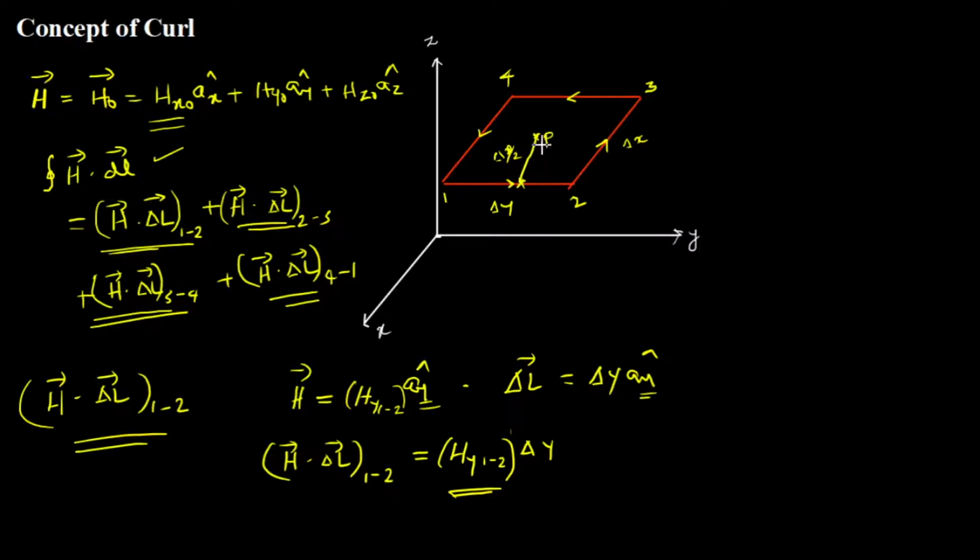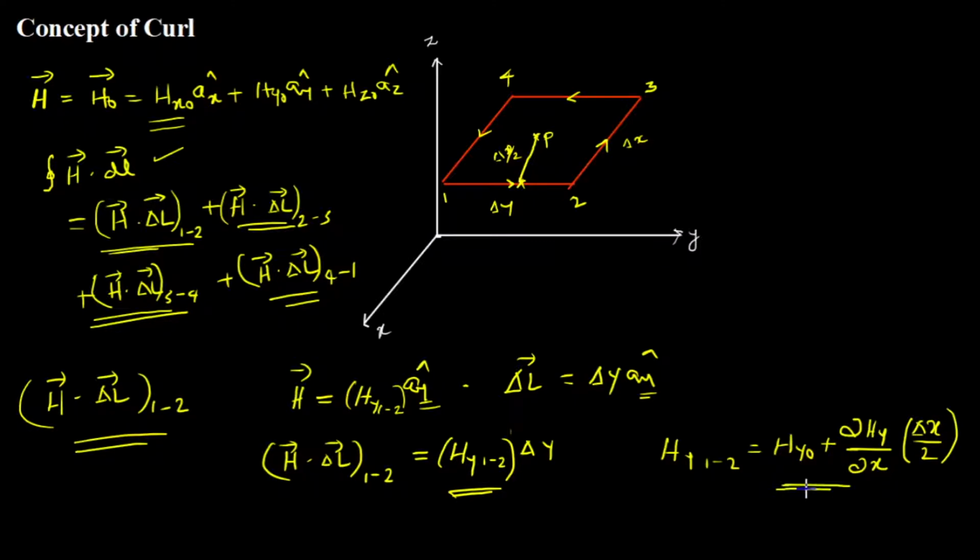So how am I going to calculate that? The distance in x direction from point P, and the rate of change of Hy with x direction. How will I represent it mathematically? Hy 1 to 2 is the initial value plus the rate of change, that is, how Hy varies with respect to the x-axis for a distance of delta x by 2.